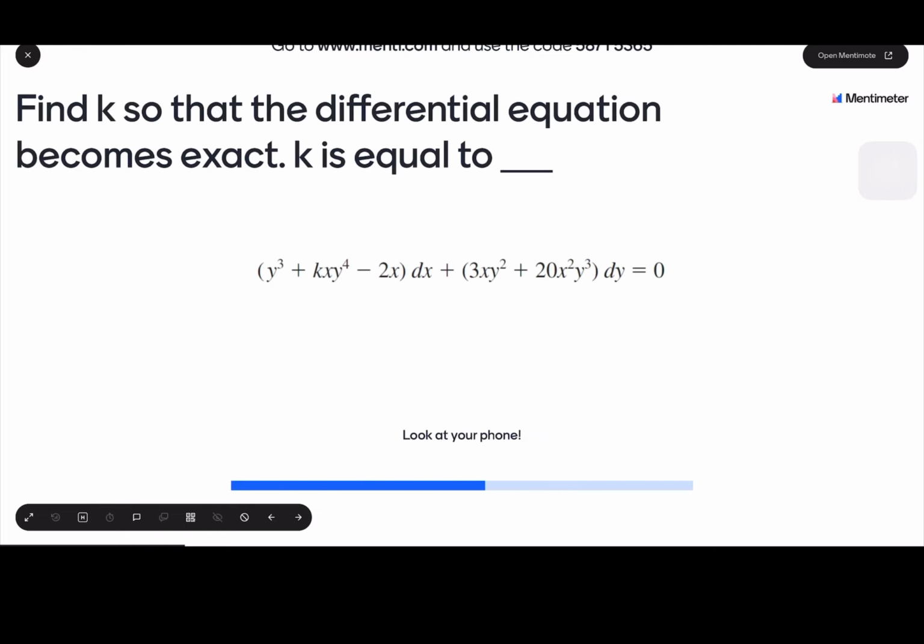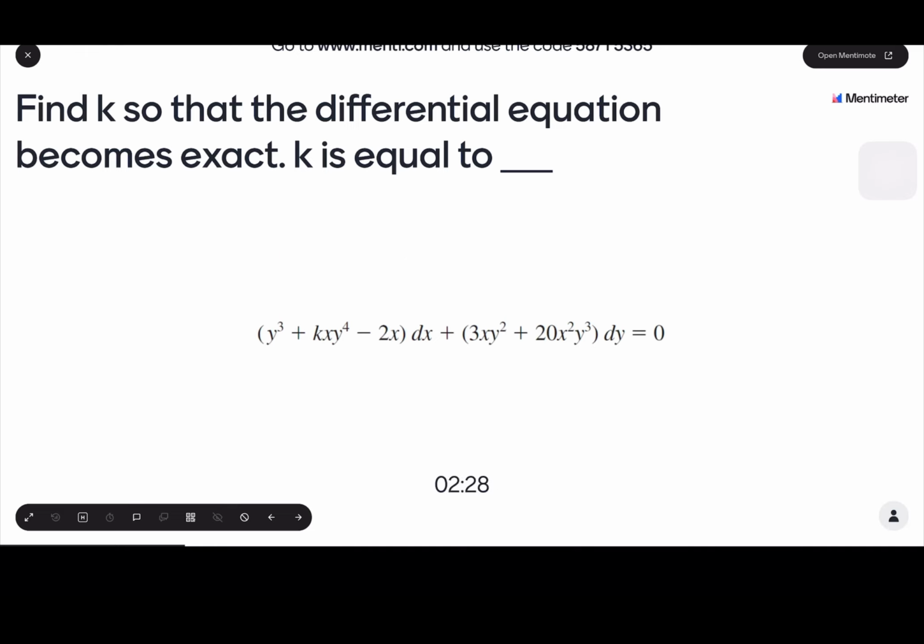You have differential equations, and your goal is to find the constant k so that the differential equation is exact. If you slowly write it down, you will get there eventually, and you will see it's actually not really long. It's actually really quick.